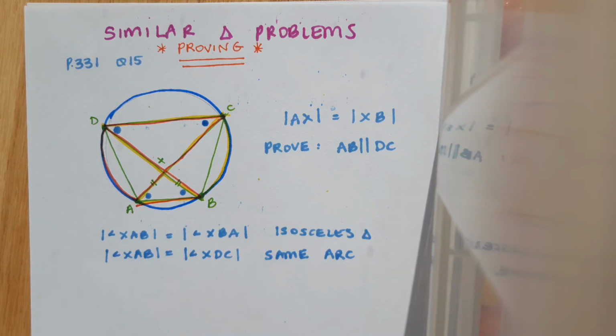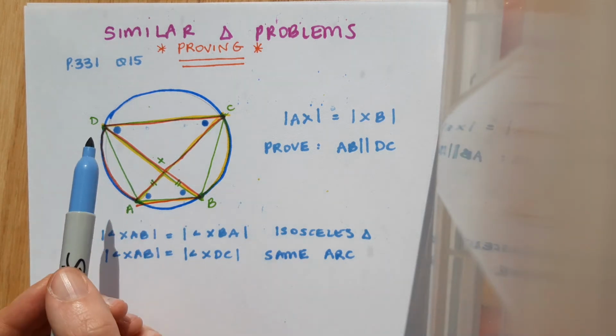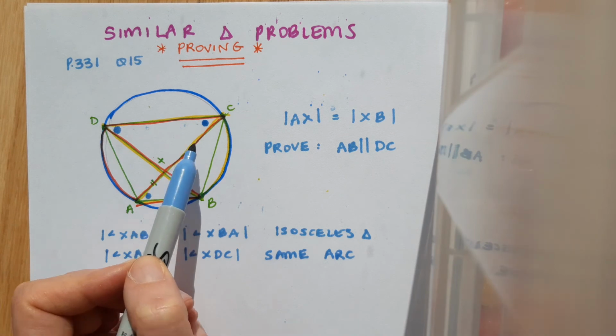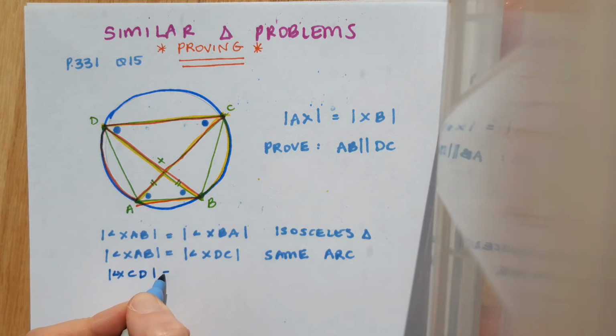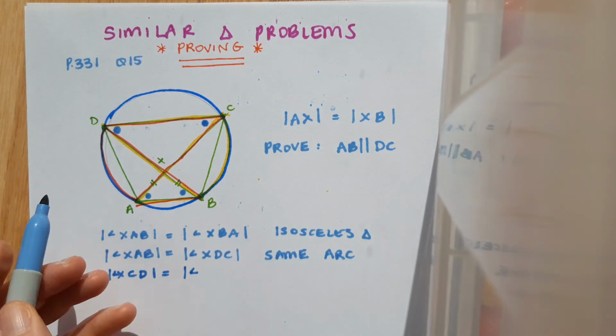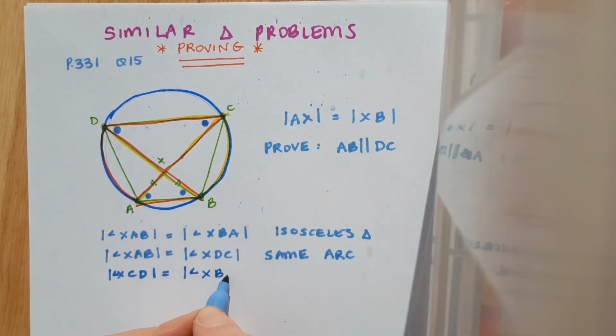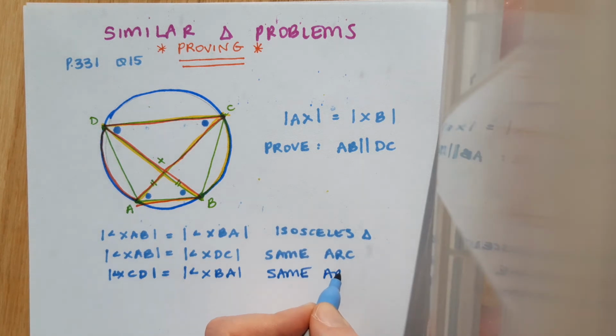Okay, so let's have a look. So I've got this angle here, which is XCD. And that is equal to the angle XBA. And the reason again is because those two angles are standing on the same arc.